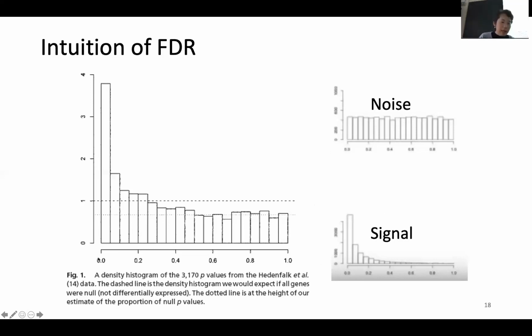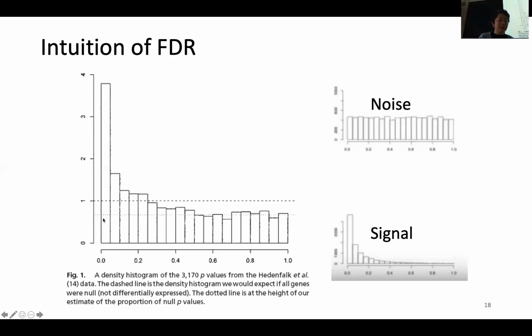Therefore, if we say we want to do a p-value cutoff at this first bar, how much is the signal and how much is the noise? We would say actually any p-value, roughly, the noise will already give you this level of p-value below that bar, right?